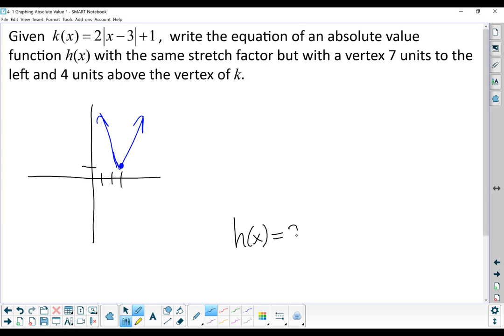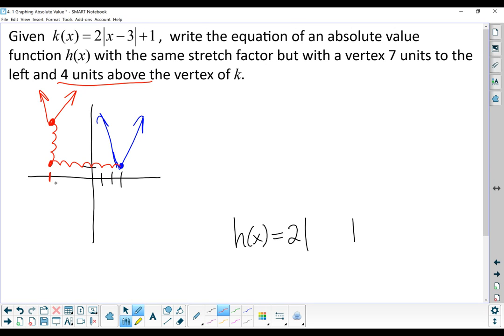Same stretch factor, so it's going to have the 2 at the beginning. But we want to move the vertex 7 units to the left. 1, 2, 3, 4, 5, 6, 7. And we also want to move it 4 units up. 1, 2, 3, 4.